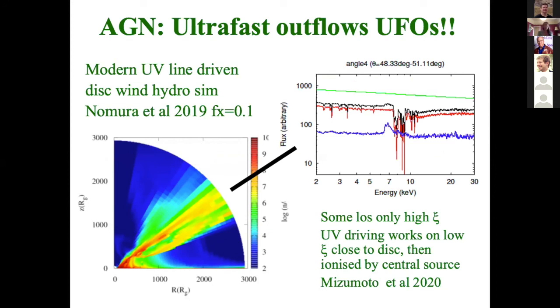This is a line of sight on this particular simulation, but the opening angle of the UV line-driven wind changes with things like mass, mass accretion rate and X-ray fraction. So if you absolutely needed it to be 30 degrees, I could probably get you one at 30 degrees, but this particular one is showing that a sight line of 45, 50 degrees would give you the conditions you need for very high ionization, but very fast material.